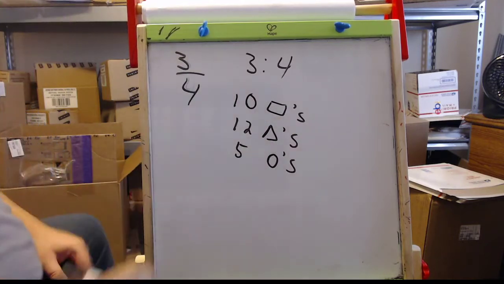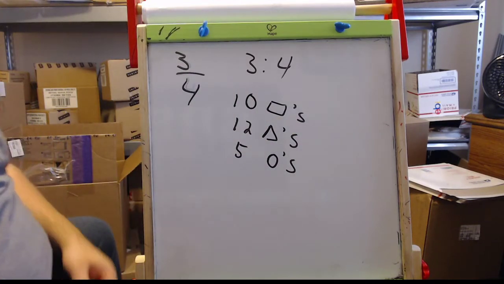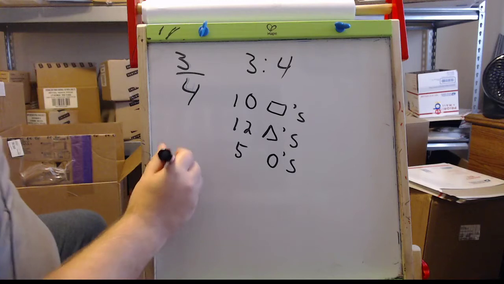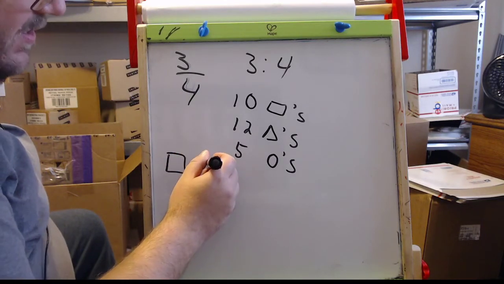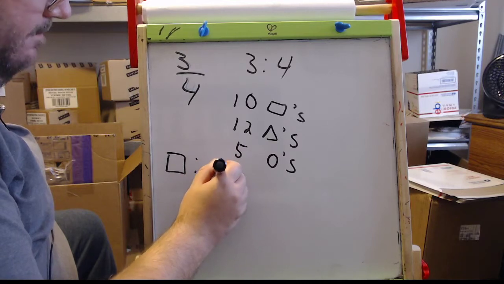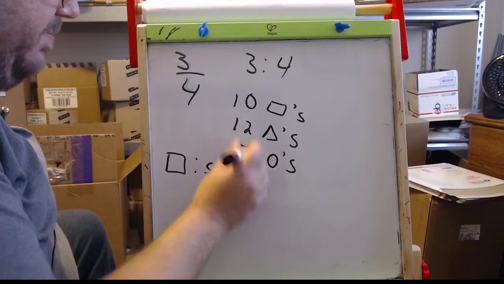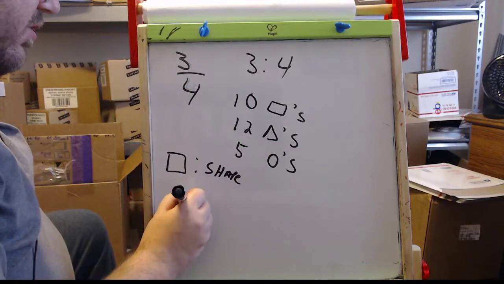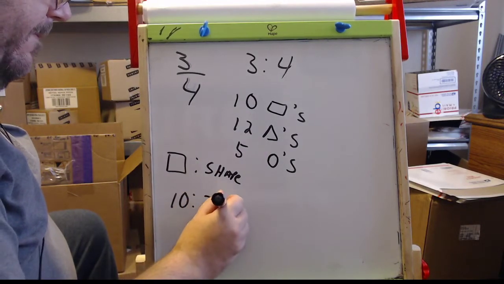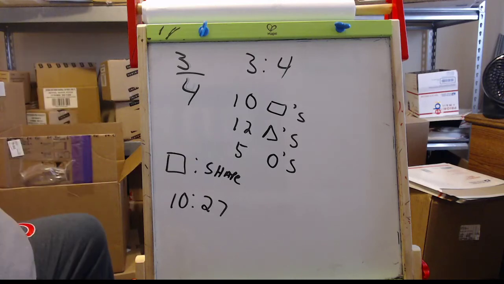And I want to know rectangles to total shapes. Our total shapes, if we add these up, is 27. So rectangles to shapes would be 10 out of 27.